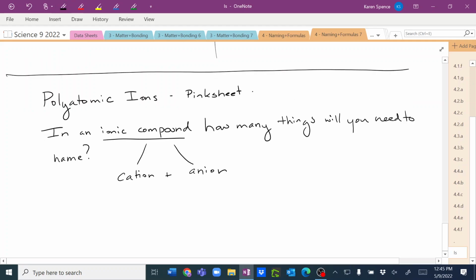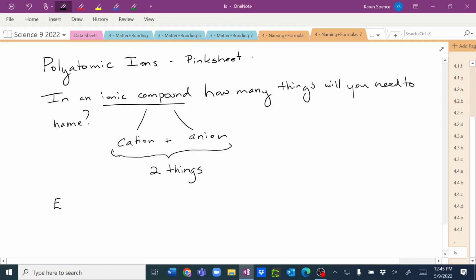So you're only ever going to have to name 2 things, the cation and the anion. So you're not going to be trying to give 3 names to a compound, okay? 2 things. So even if you see a formula like this, KCH3COO, you're still going to be naming 2 things.